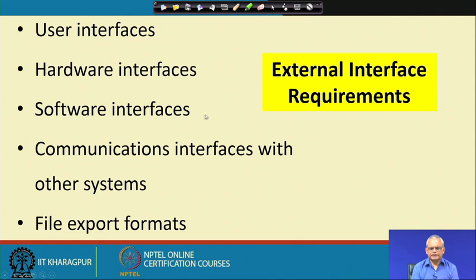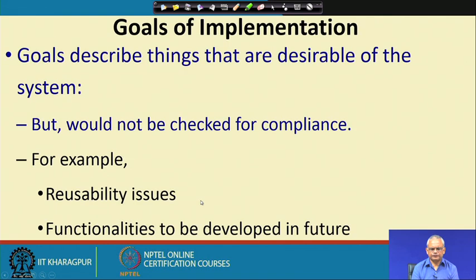For example, we might say that for other software it needs to produce an XML file or maybe a comma separated text file. The communication interface with other systems, file export formats, etc.